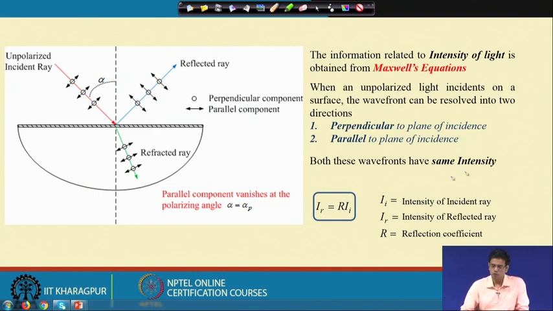Both of these waveforms have the same intensity. This is how the intensity of the incident ray and the intensity of the reflected ray are related with the reflection coefficient R. This also we have seen in our previous knowledge.